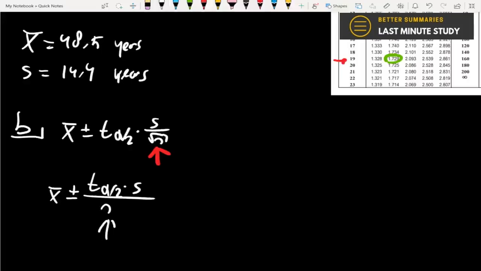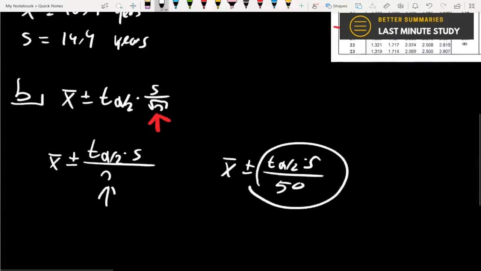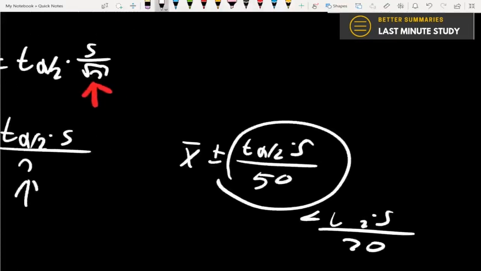Suppose n becomes real big, then x bar plus minus t alpha over 2 times the standard deviation over something bigger than n. Suppose n was 20 in our case, and now it's going to be 50. Then this expression is going to be smaller than the one over 20.